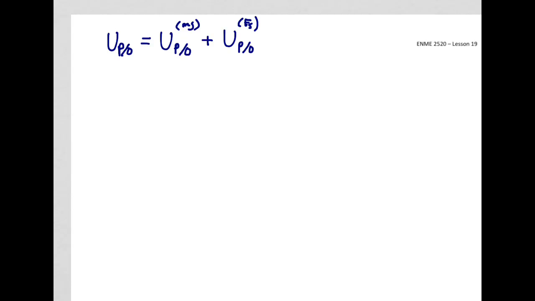So let's take care of our potential energy due to gravity first, and that's equal to mgy.